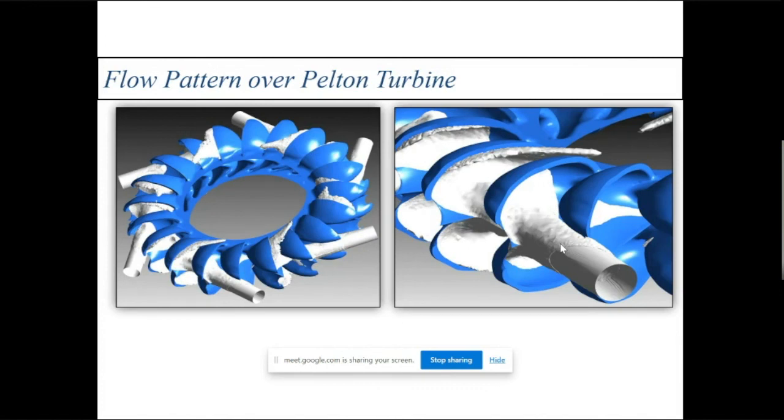Like for simulation, we have two software, CFX and Fluent. Both do the same thing, but Fluent is equally good for other applications, apart from the rotating kind of problem. CFX is very good for rotating problems, where some rotor is rotating.